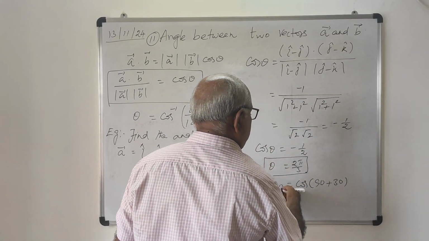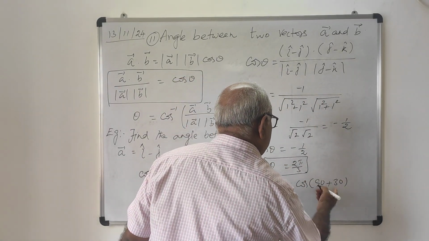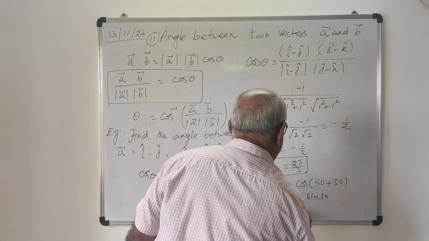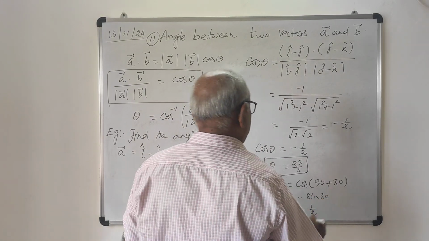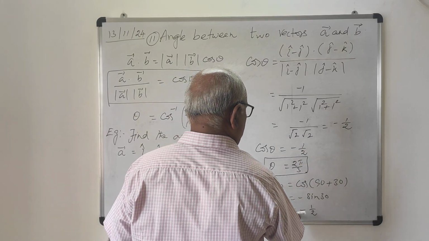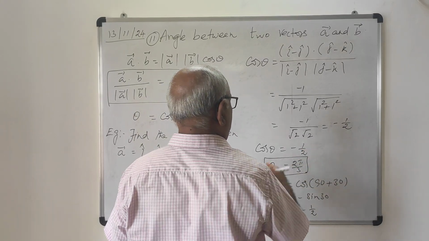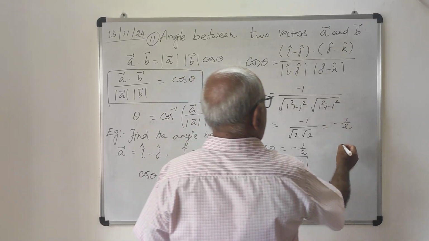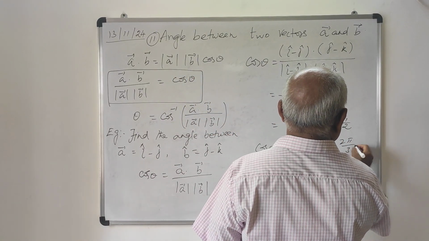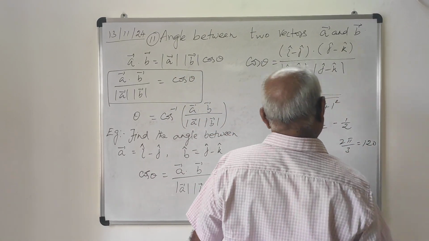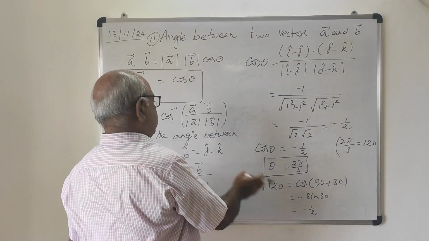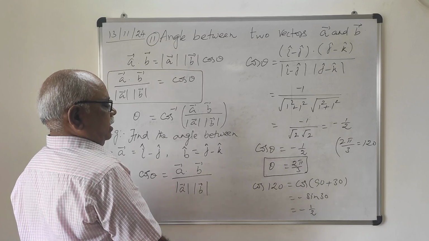For 90, change cos into sine. In the second quadrant cos is negative, so minus sine 30, that is equal to minus 1 by 2. So cos 120 is minus 1 by 2, therefore theta is 120 degrees or 2 pi by 3, because 2 pi by 3 is 120 degrees. So this is the angle between the vectors i minus j and j minus k.